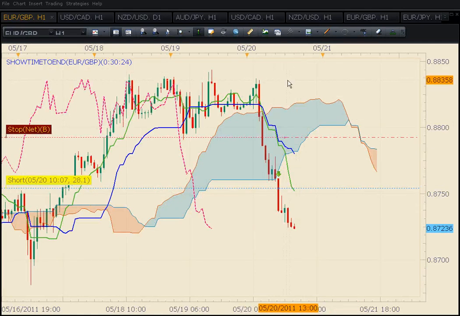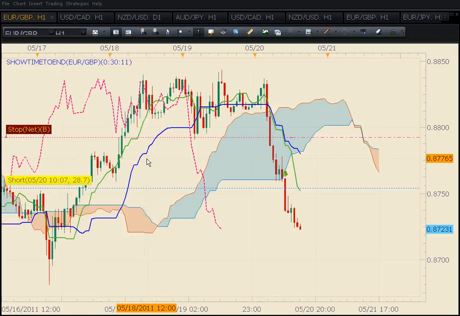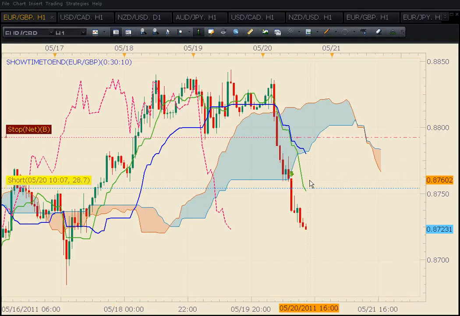You have a checklist for price, a checklist for your tenkan-sen versus kijun, a checklist for everything when you're making a trade. I'll go over that checklist in my next video. You can check those things off and make sure that when you make that trade, if those things are in alignment, then you know you have a good trade.